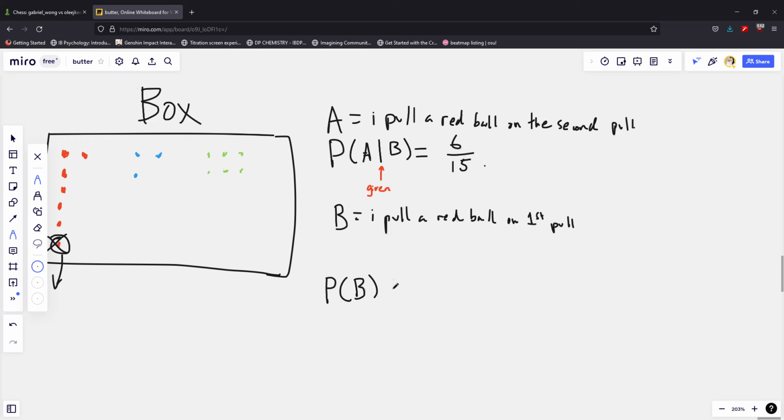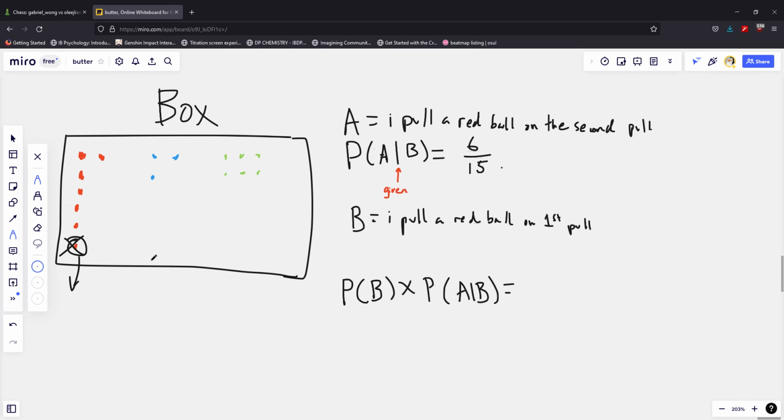We're going to multiply it by the probability that the second draw was also a red ball. So what's P of B here? It would be 7 over 16, since there are 7 red balls and 16 total balls. We're going to multiply it by our answer here, which is 6 over 15.